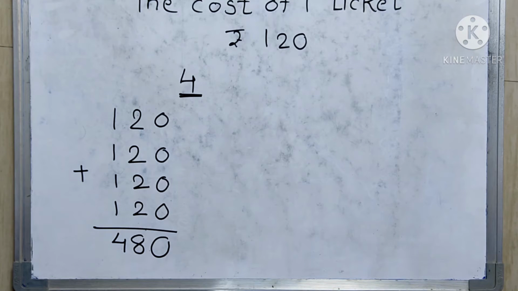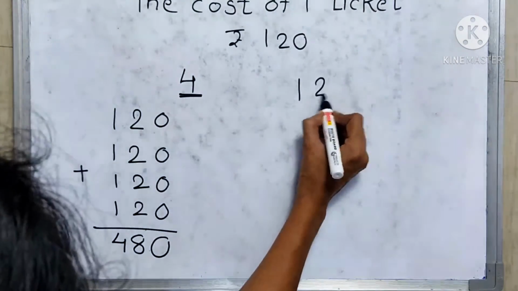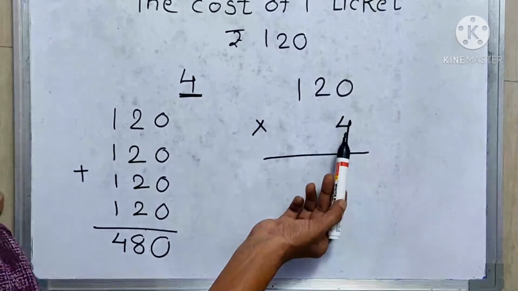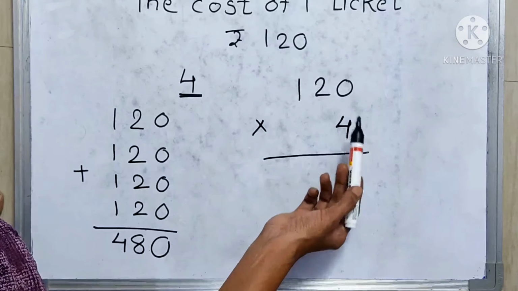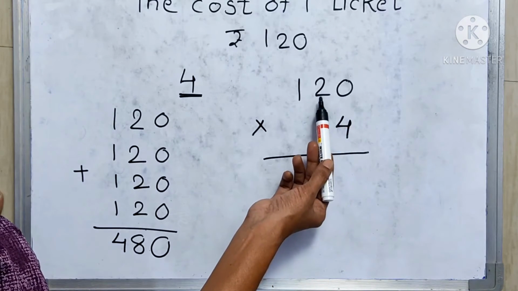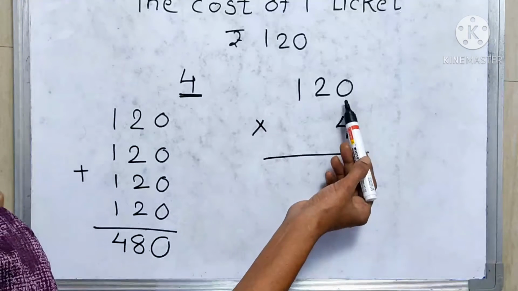And the second method is multiplication. Multiply this 120 by 4. First, multiply this 4 with ones place digit, then tens place digit and then hundreds place digit. 4 multiply by 0.